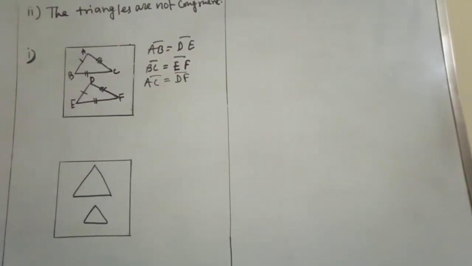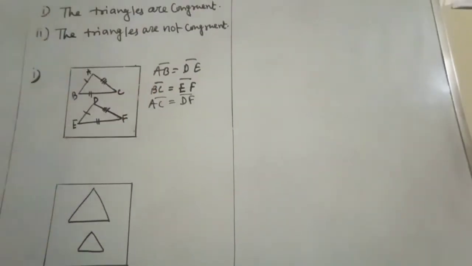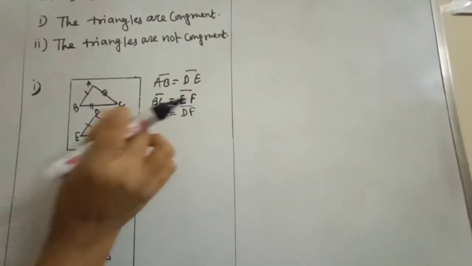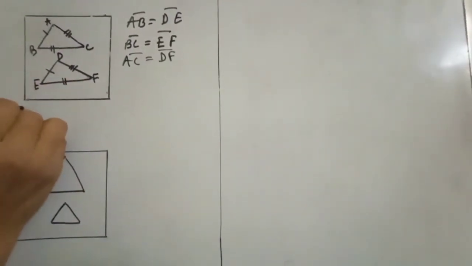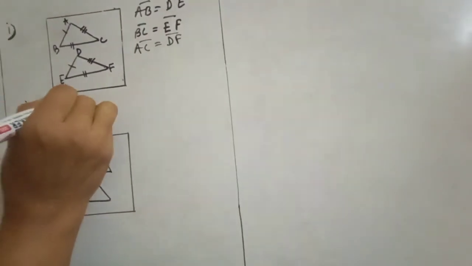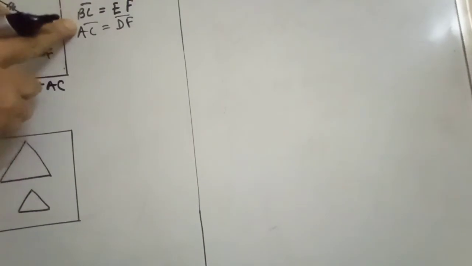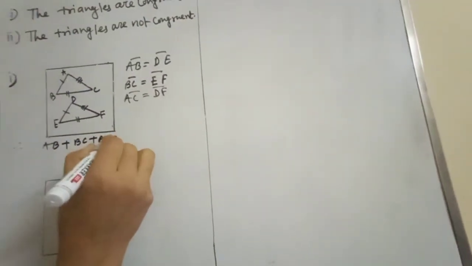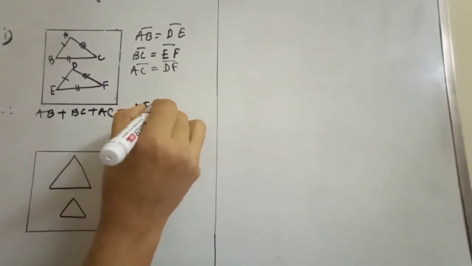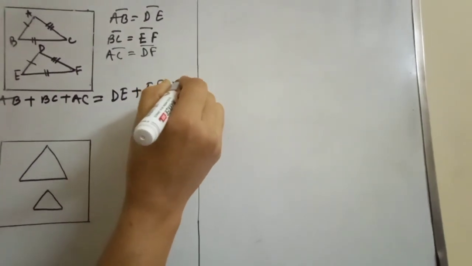And the question also asks, what about their perimeter? As all the sides are equal, if I add all the sides on the left hand side, AB plus BC plus AC is equal to DE plus EF plus DF.